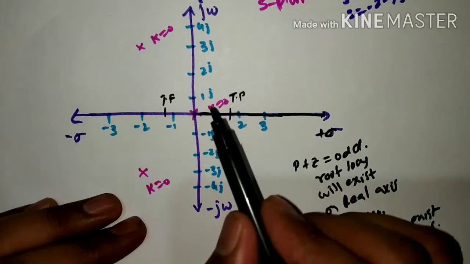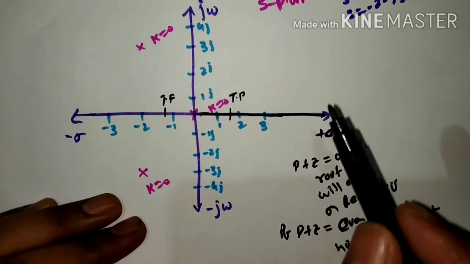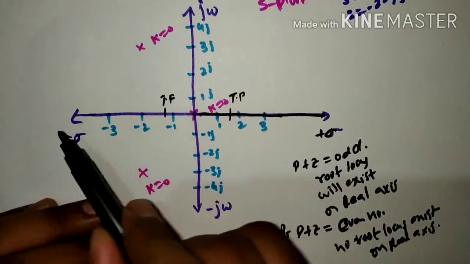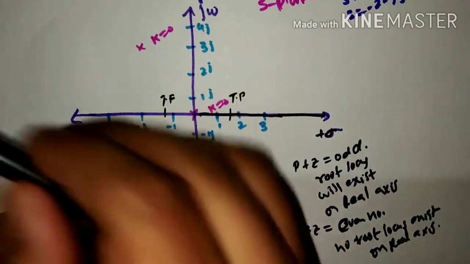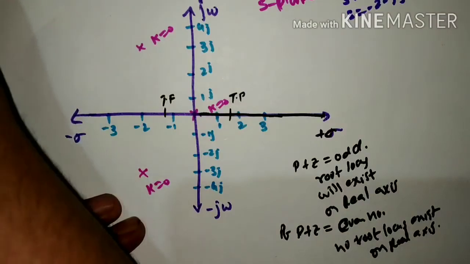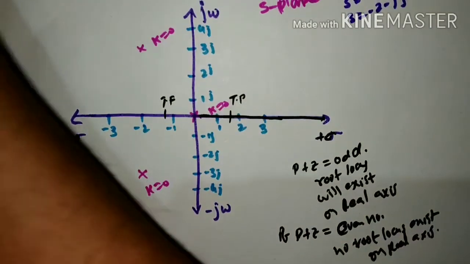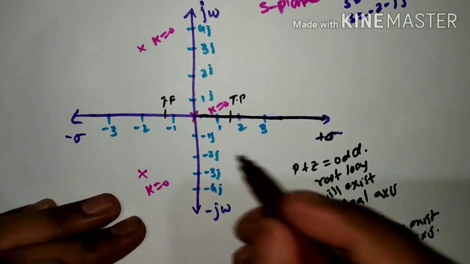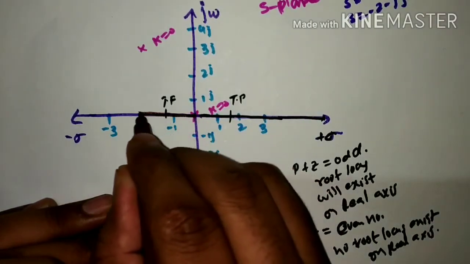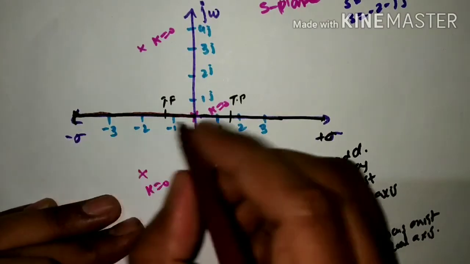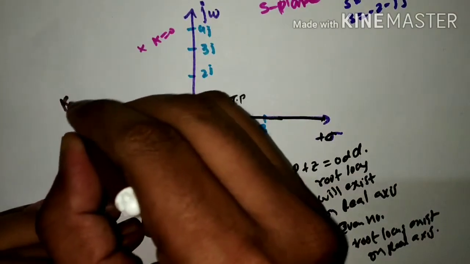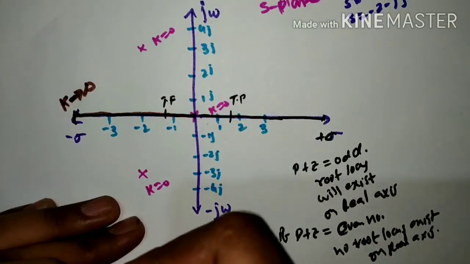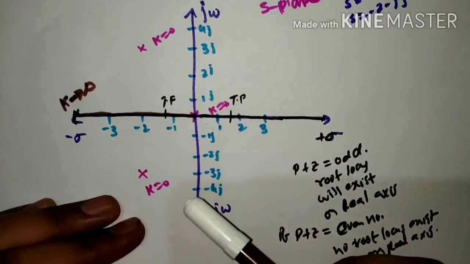The sum is 1, an odd number, therefore this entire negative real axis will exist on the root locus. So I am going to mark this as the root locus. It starts at k is equal to 0 here and terminates at k equal to infinity.